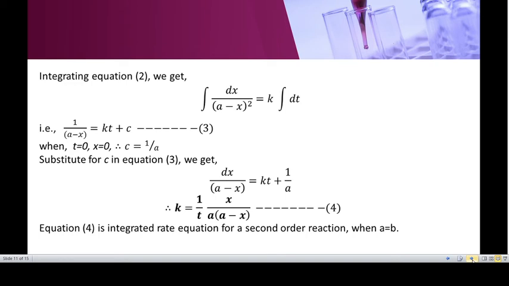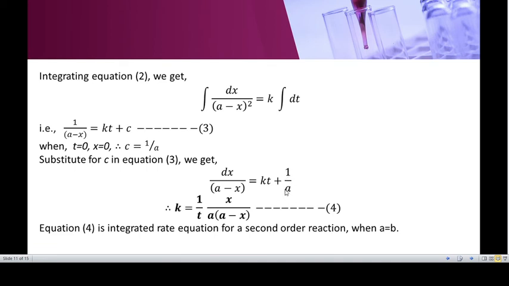Now if you substitute c is equal to 1 divided by a in equation 3, you will get 1 divided by (a minus x) is equal to kt plus, so what is c? c is 1 divided by a. So 1 divided by (a minus x) is equal to kt plus 1 divided by a.